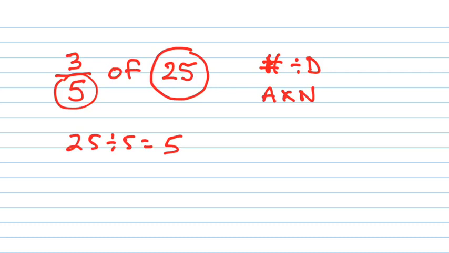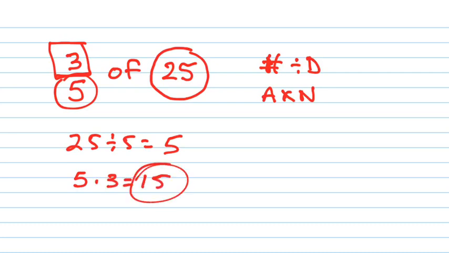Now, am I done with the 5 though? Nope. Because I have that 3, I have to take 5 times the 3, which gives me... And that's my completed answer, right? 25 divided by 5, and whatever that is, times the 3. 1, 2, 3. Quick and easy. Good? All right, excellent.